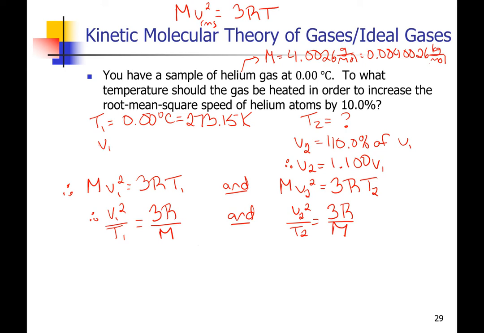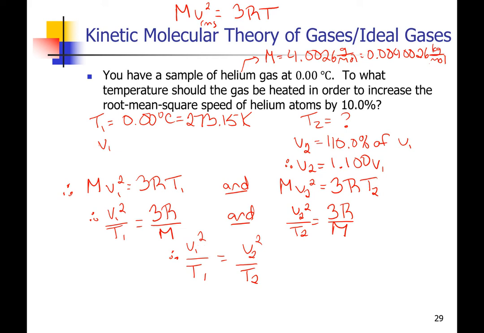So since the first speed squared divided by the first temperature is equal to 3R over m, and the second speed squared divided by the second temperature is equal to 3R over m, it's therefore safe for us to say that the first speed squared divided by the first temperature is equal to the second speed squared divided by the second temperature. And now we have numbers for everything.